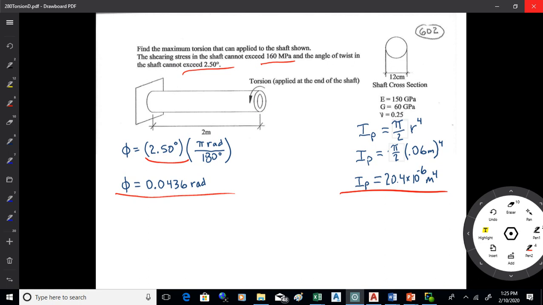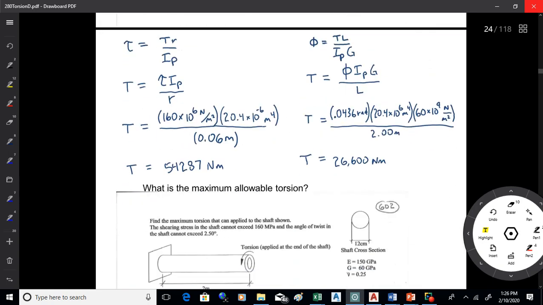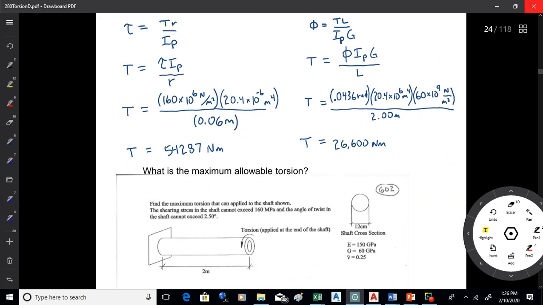And what I do next is I just use those 2 basic equations, one for angle, one for shear, and I rearrange them and solve them for torsion. And I just plug the stuff in and I'll get 2 torsion. Okay. So I got tau as TR over I. So the torsion then is tau I over R. And phi is TL over IG, so the torsion is phi IG over L. I just plug those things in.